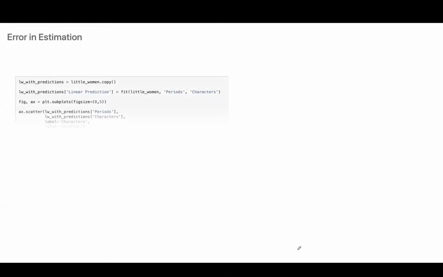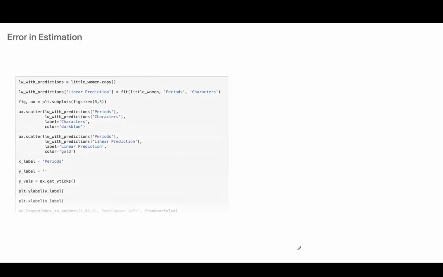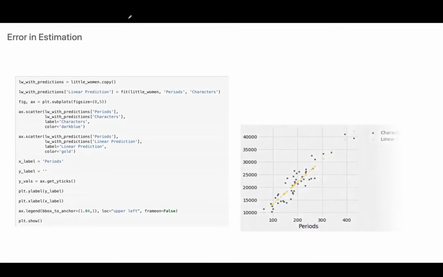Now let us discuss the error in estimation. Let's take a look at the scatter plot and basically have the line of prediction.